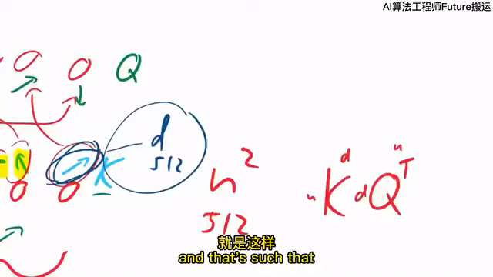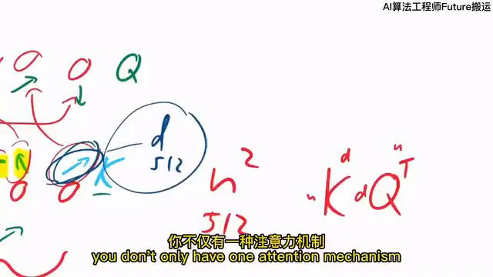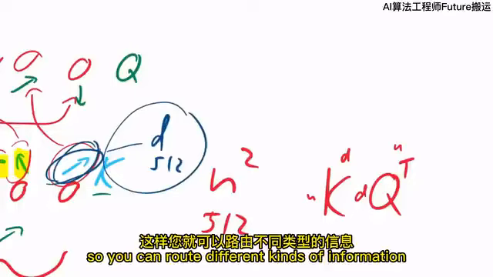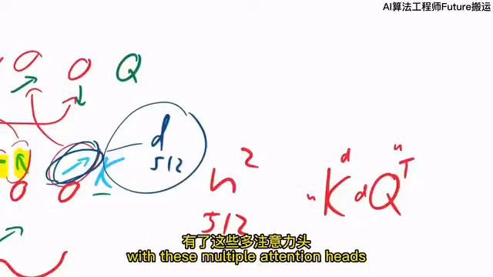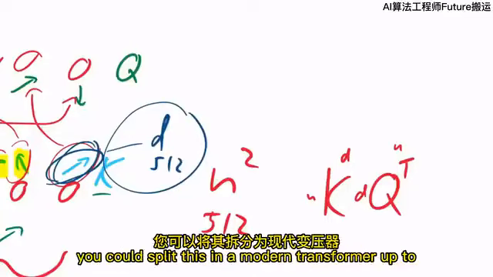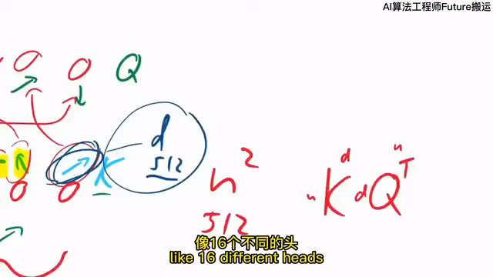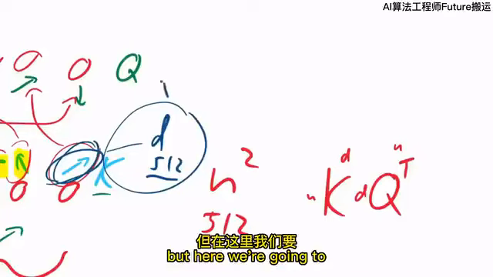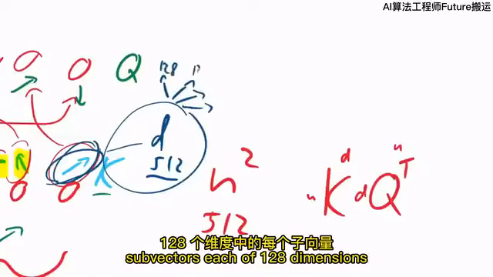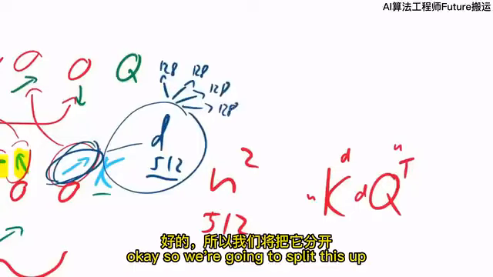That way you don't only have one attention mechanism, you have multiple attention mechanisms, so you can route different kinds of information with these multiple attention heads. In a modern transformer you could split this up to like 16 different heads. But here, let's say we're going to split this into 4 subvectors, each of 128 dimensions.